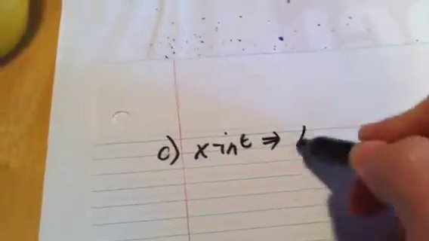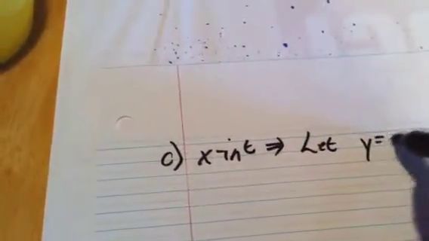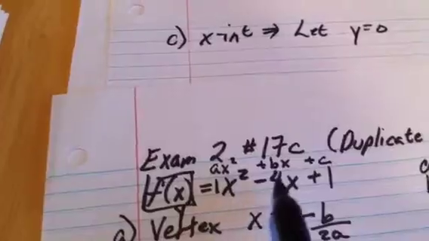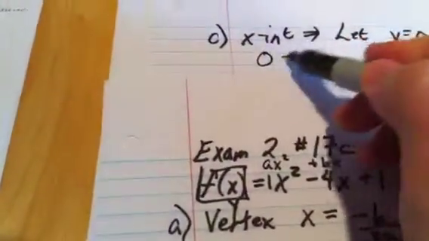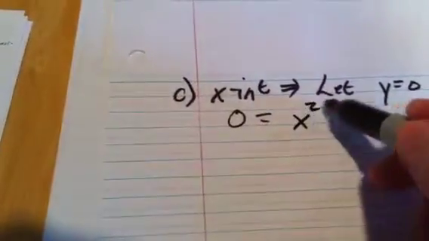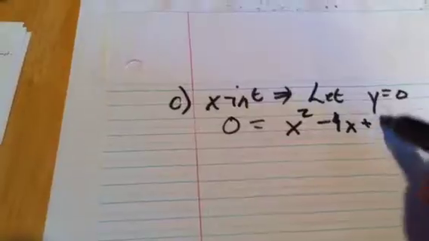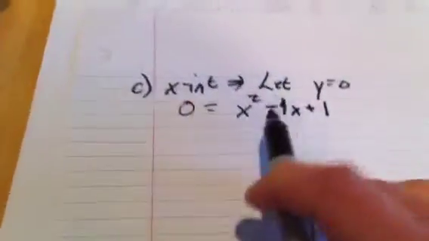Then, to find your x-intercept, you can always find an x-intercept by letting y equal 0. So remember our original equation was y equals x squared minus 4x plus 1. So I'm going to let 0 equal x squared minus 4x plus 1, and then solve this like normal.